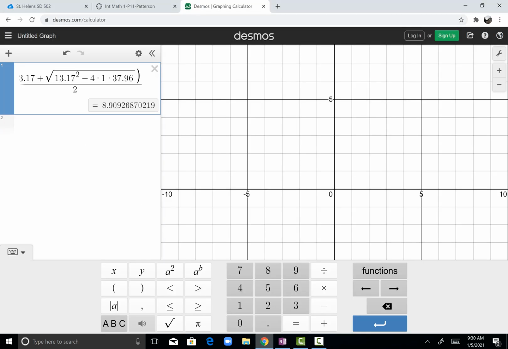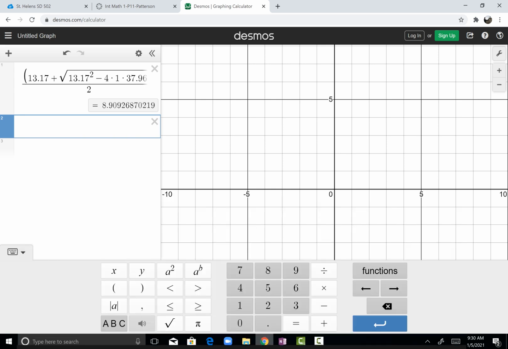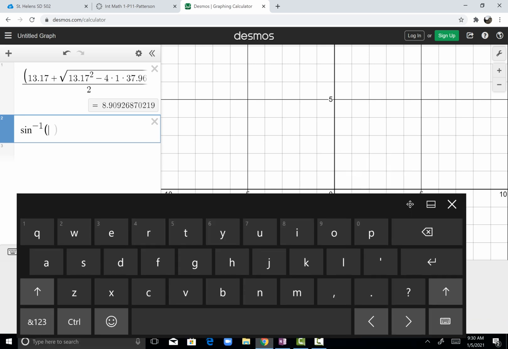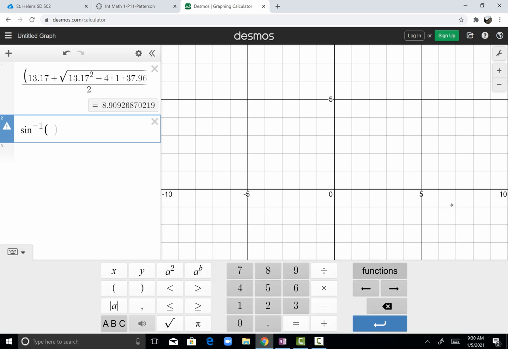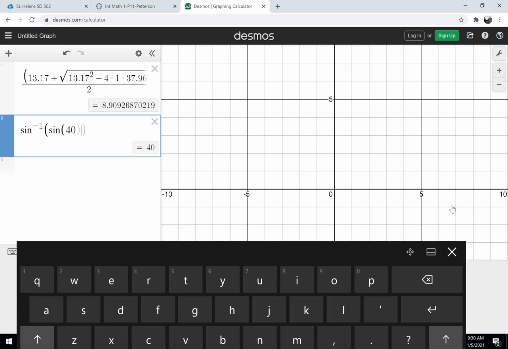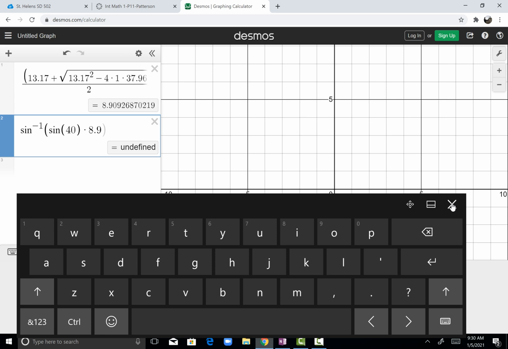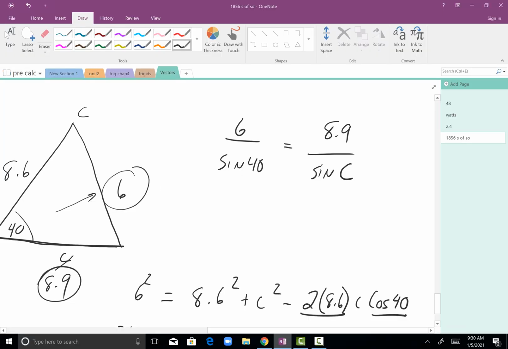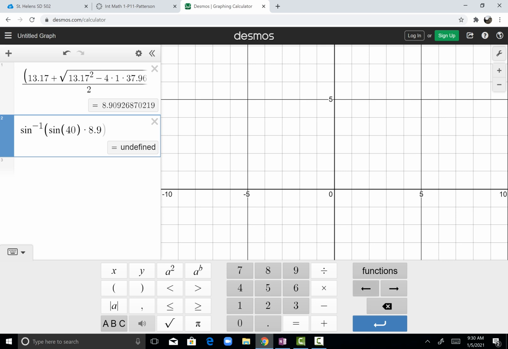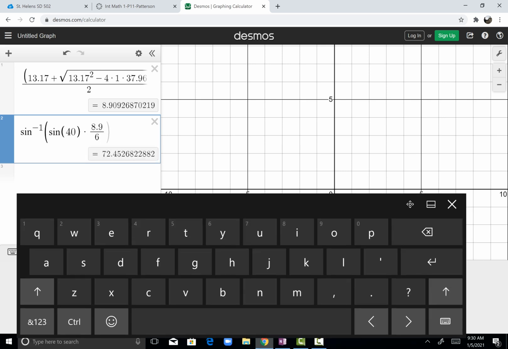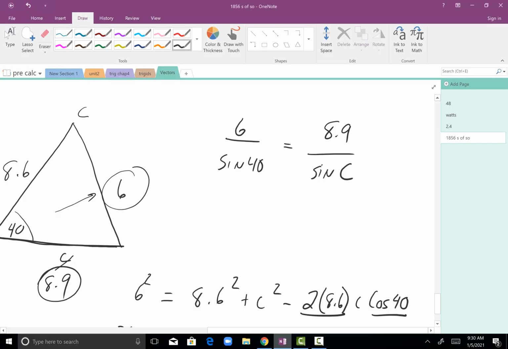Sine 40 times 8.9, and then I have to divide it by 6. 72.45. So that means C is 72.5, and it's 72.8 in the document.